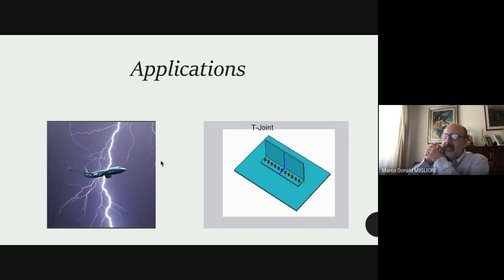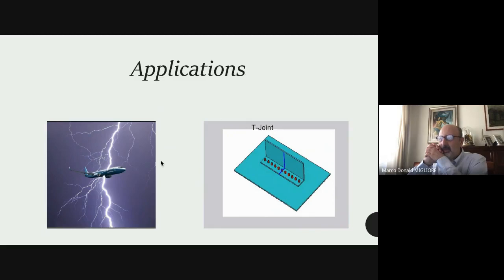This is just an example: a lightning strike on an airplane. And in this case, we need some special materials with very, very high conductivity. The nanomaterials can help in this.